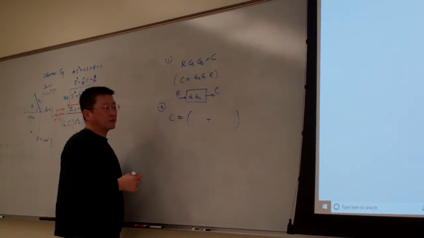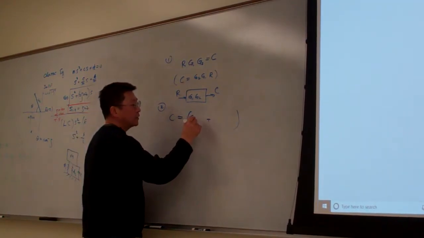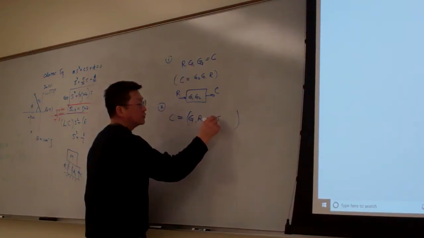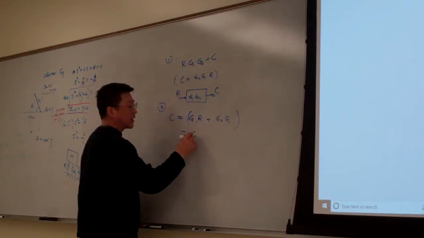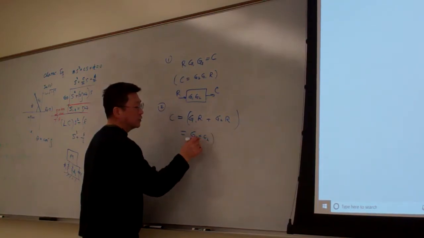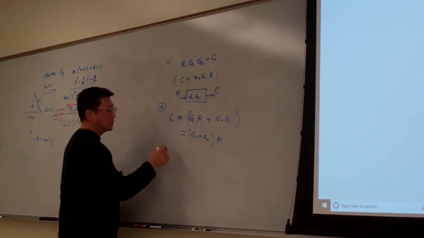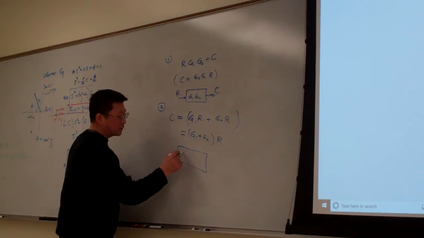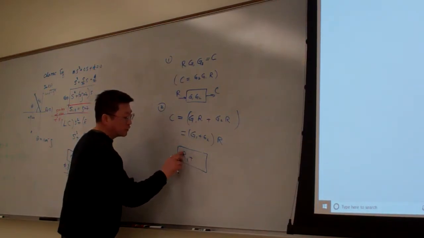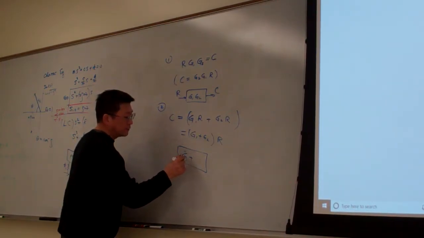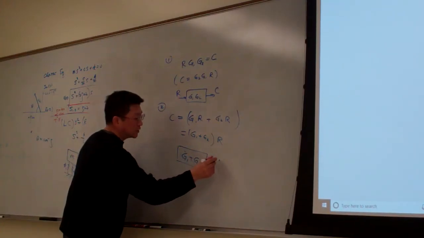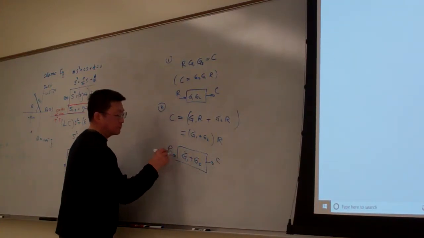That is the summing point. So that is G1 R and G2 R. So you can take it out, (G1 plus G2) R. Okay, so therefore this block diagram is equivalent to G1 plus G2, and this is C, this is R.